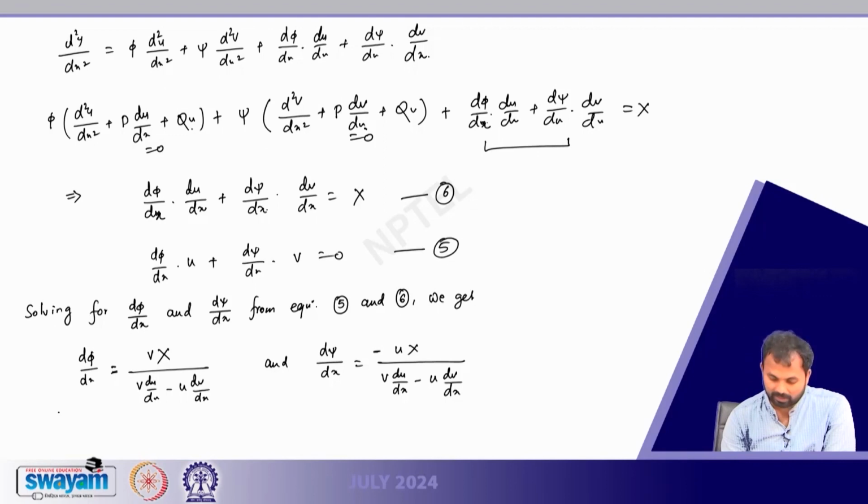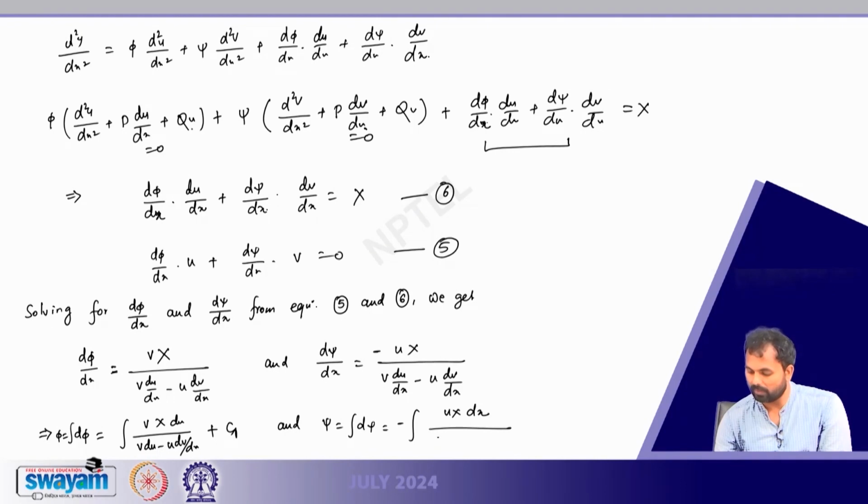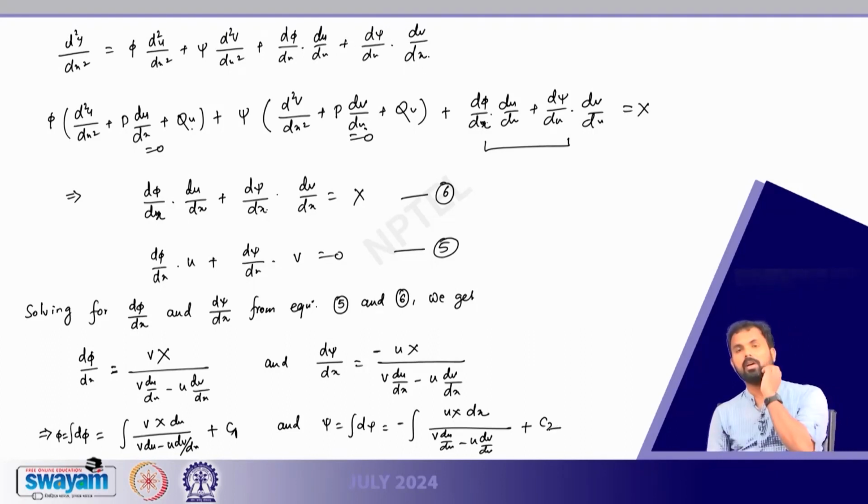So this can be further written as, if you integrate, this will become phi, which equals the integral of v capital X divided by v du dx minus u dv dx, plus of course some constant of integration c1, and psi can be given by the integral of minus u X dx divided by v du dx minus u dv dx plus some c2, right, where c1 and c2 are arbitrary constants of integration.